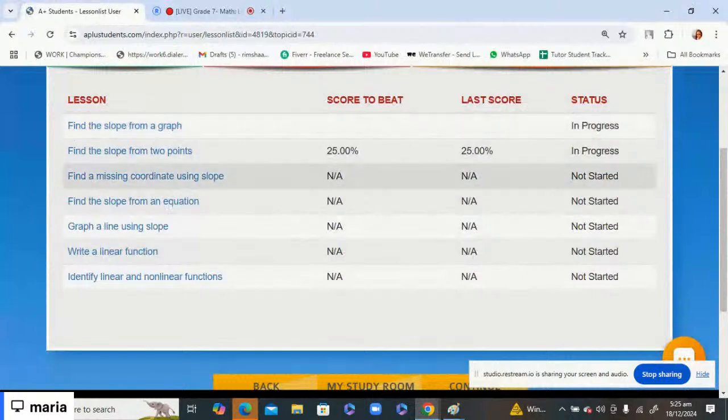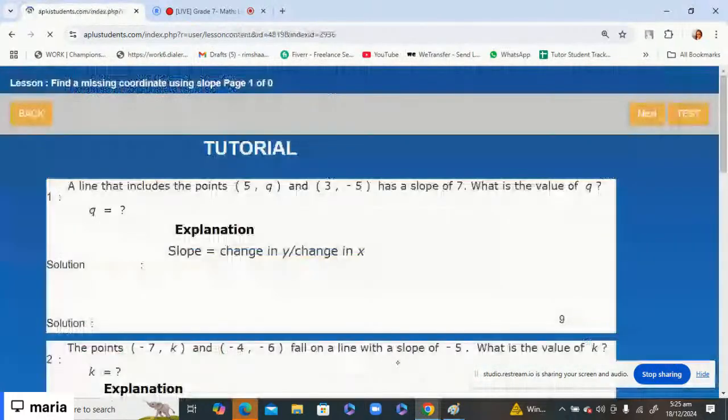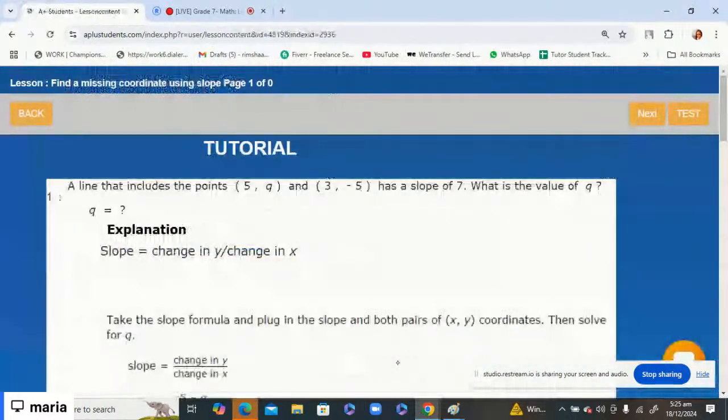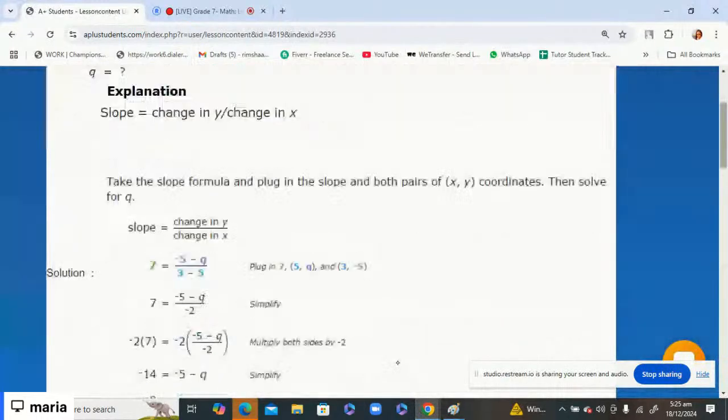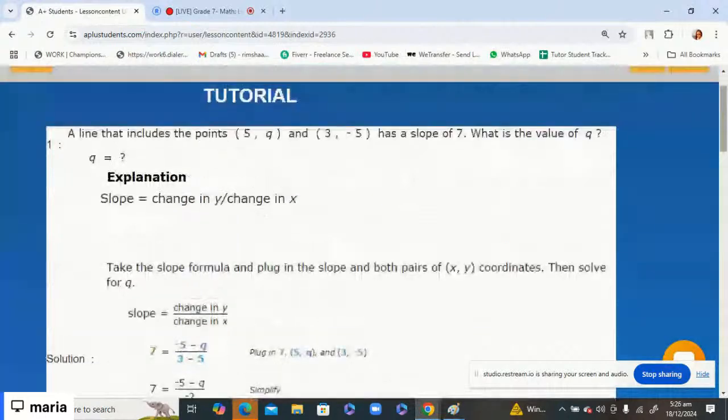Find the missing coordinate using the slope. So here the points are given. They are saying that a line that includes the points 5, q and 3, minus 5 has a slope of 7.